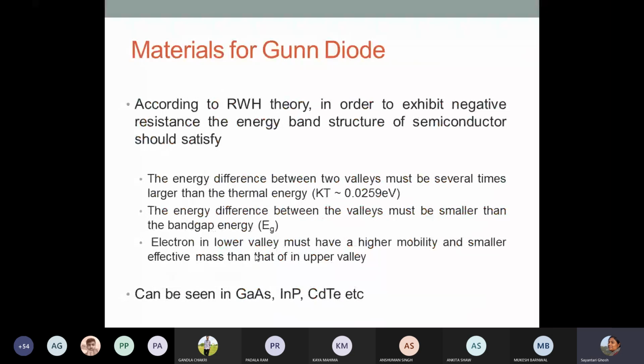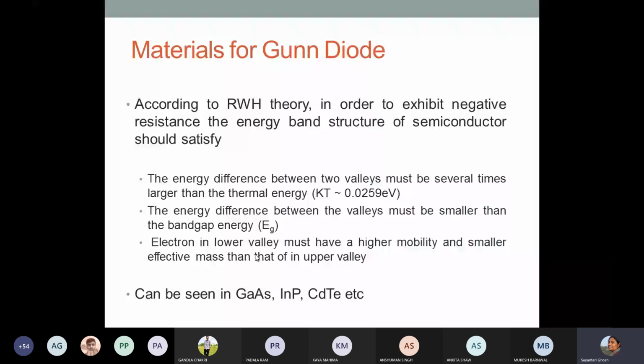materials, because these two valleys must have particular characteristics: the energy difference between the two valleys must be several times larger than the thermal energy. The energy difference between the two valleys must be smaller than the band gap energy. Okay, and the mobilities in the lower valley will be higher and the mobilities in the upper valley will be lower.